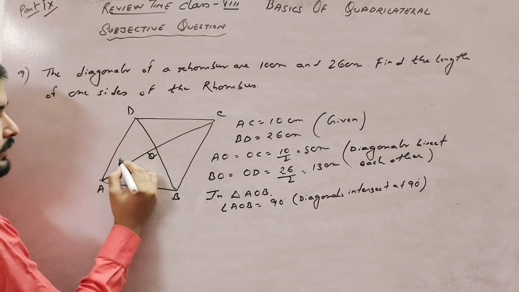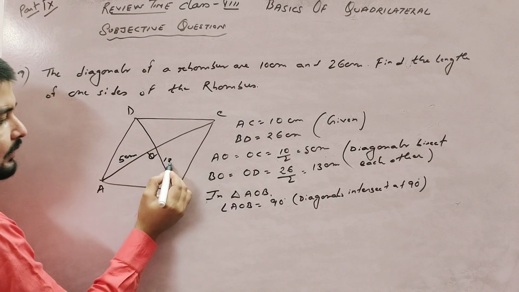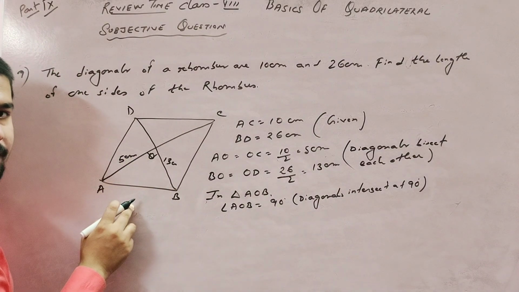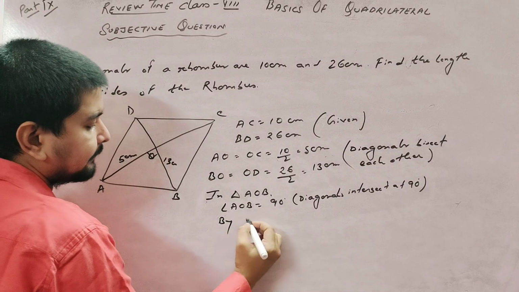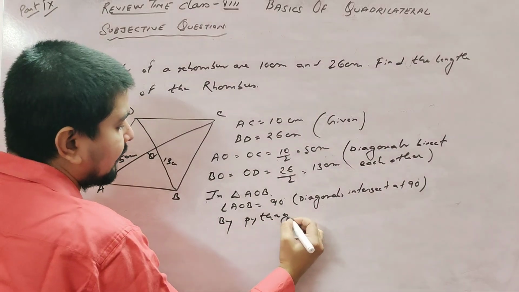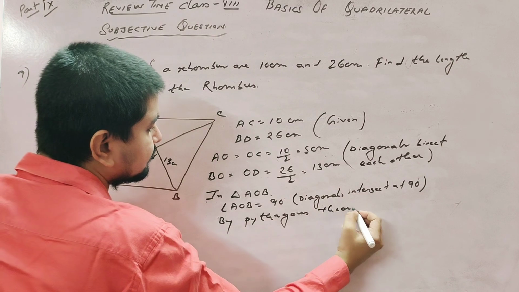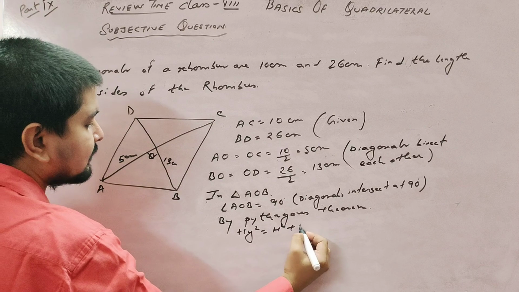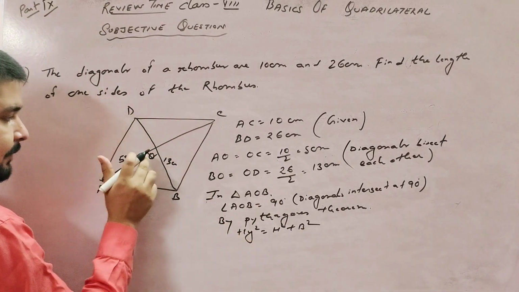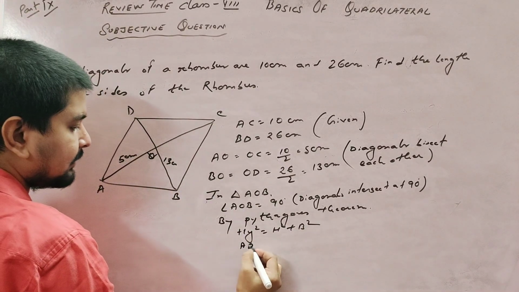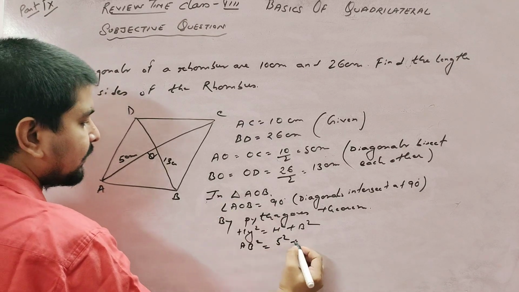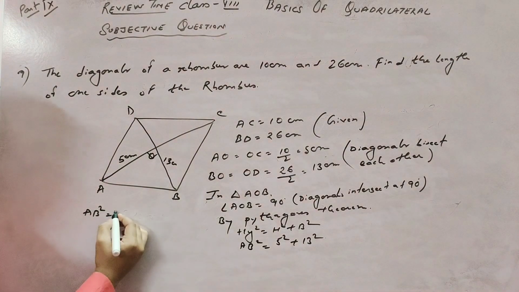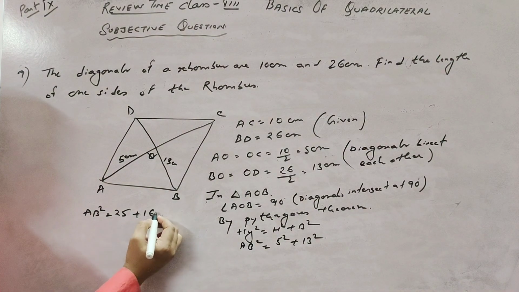So AO is given 5 centimeter and BO is given 13 centimeter. So opposite of 90 is called hypotenuse. So by Pythagoras theorem, hypotenuse square equals height square plus base square. Hypotenuse, that means opposite of 90, is AB square, height is 5 square and base is 13 square. So AB square equals 5 square, that is 25, and 13 square is 169.